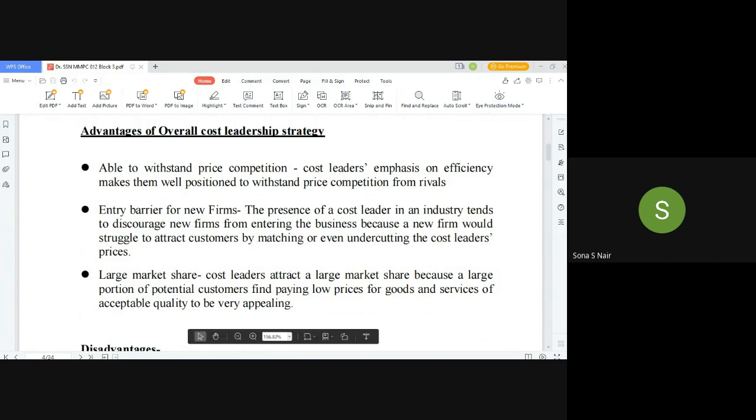Large market share: obviously, people are very sensitive about money. People are very sensitive about price in general, and any cost leader, if they are offering an acceptable quality product, not bad quality, should have a large market share. That's an advantage with the overall cost leadership strategy.